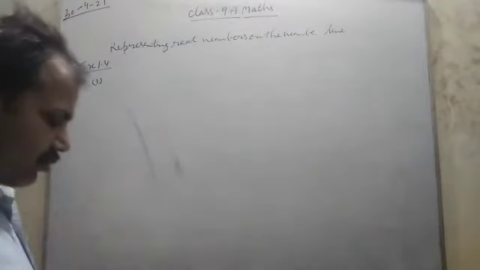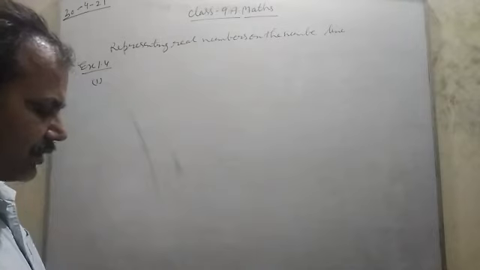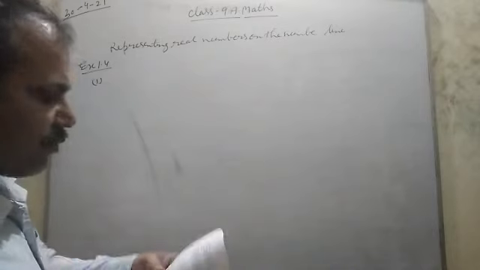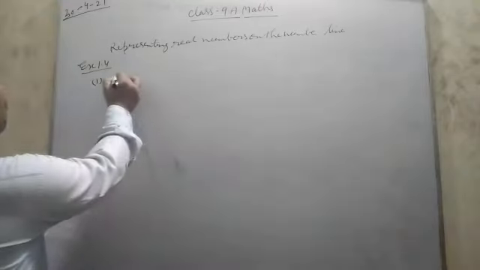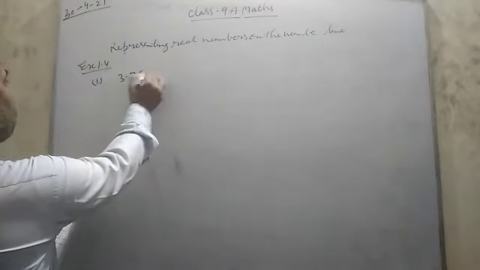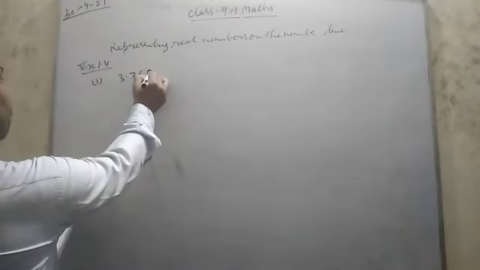Okay, so two questions are given in exercise 1.4. Okay, so visualize 3.765 on the number line using successive magnification.